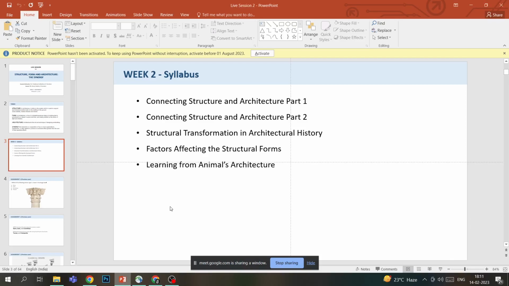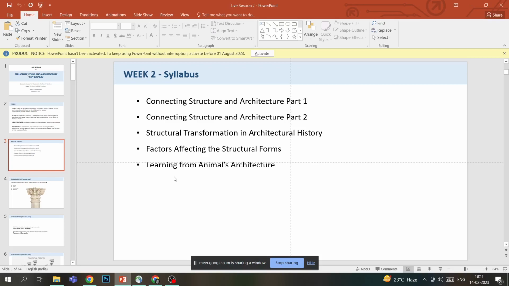So, the next part was factors affecting the structural forms. This lecture talked about all the kinds of physical and social factors that impact the architecture. These factors that influence the structural form are requirements, the kinds of user, the purpose, everything related to that.